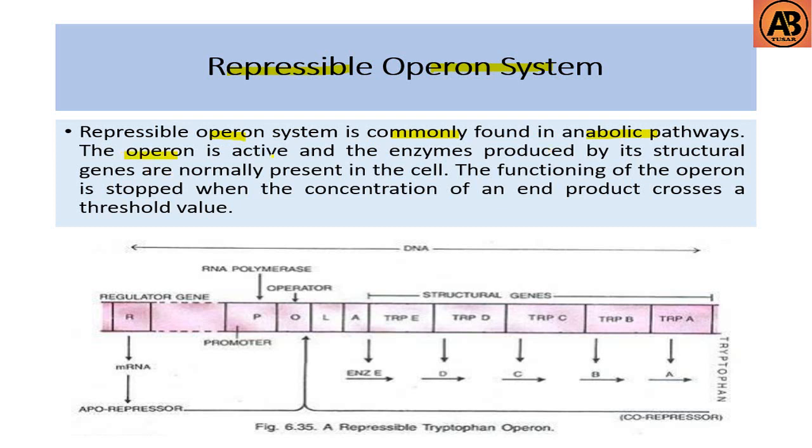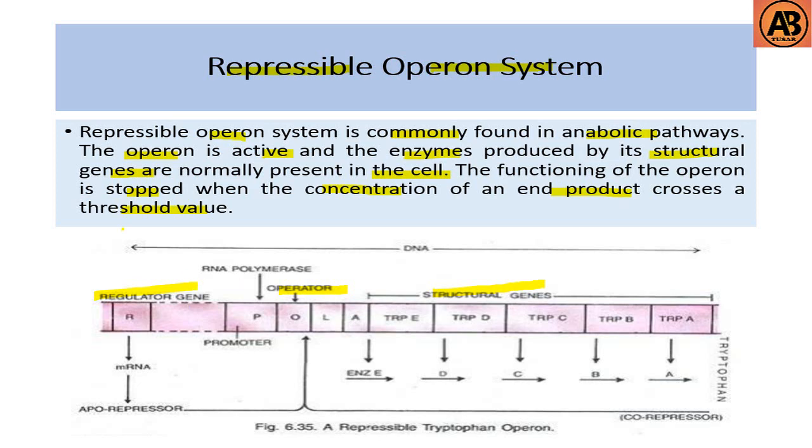The operon is active and the enzymes produced by its structural genes are normally present in the cell. The functioning of the operon is stopped when the concentration of an end product crosses a threshold value. Here we can see repressible operon system. Here are the structural genes, operator, promoter, regulator genes.